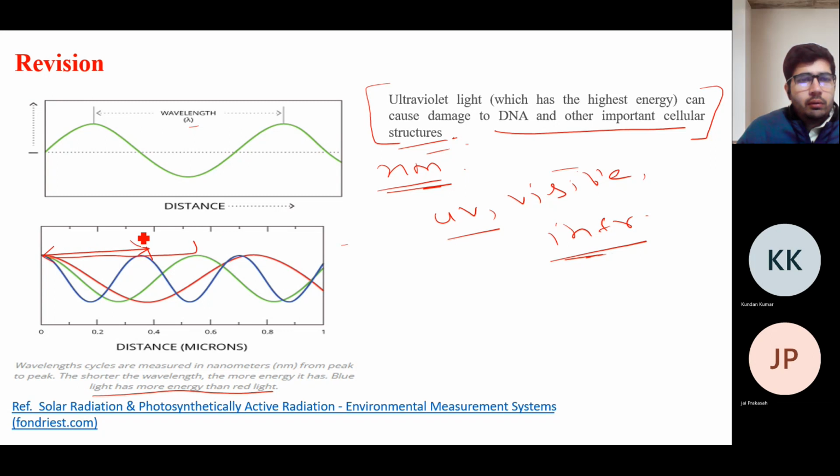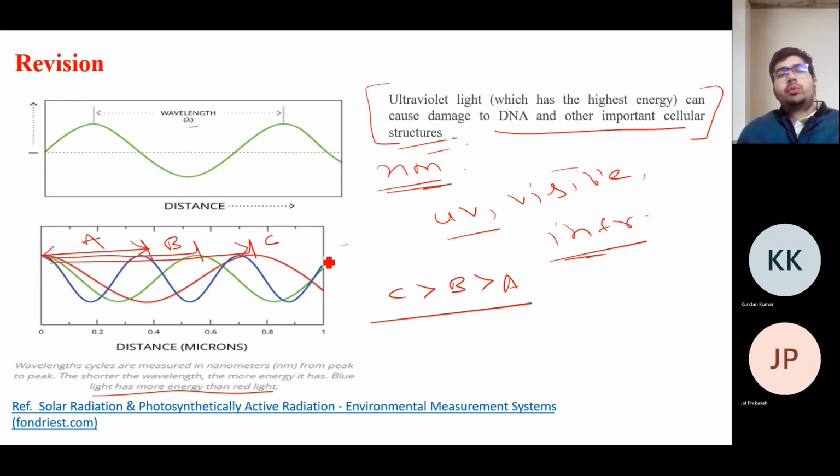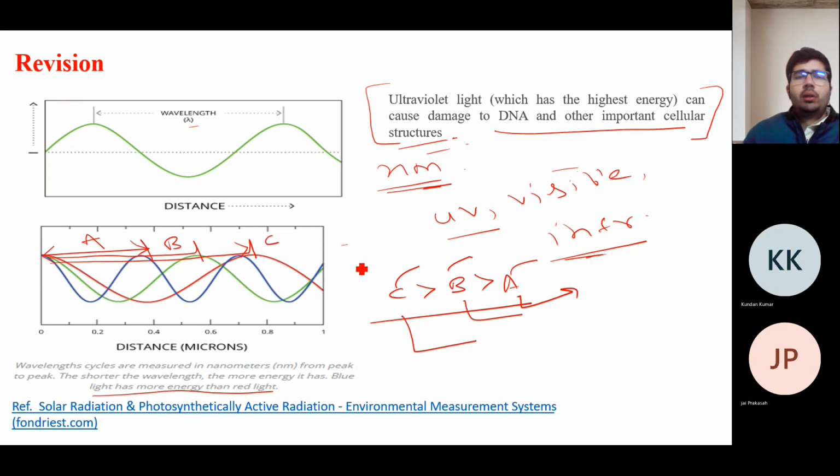And for green, A is for blue, B is for green, and C is for red. We can see that the wavelength for C is greater than for B, which is greater than for A. So A is the shorter wavelength, B is in the middle, and C is the maximum wavelength. The energy with A will be highest as compared to B and C.